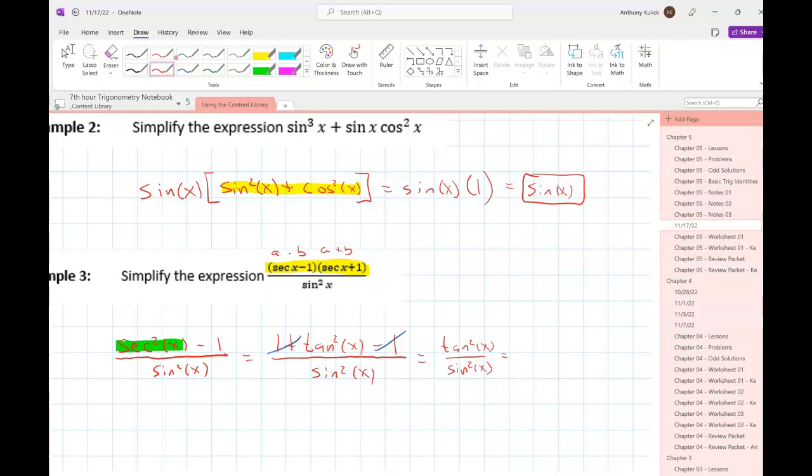Is there a way to rewrite tangent so that it has a sine in it? Or a way to rewrite sine so that it has a tangent in it? Look at the quotient identities.